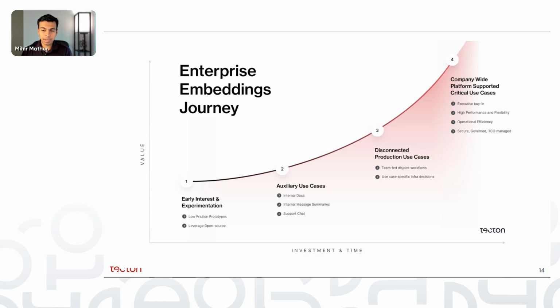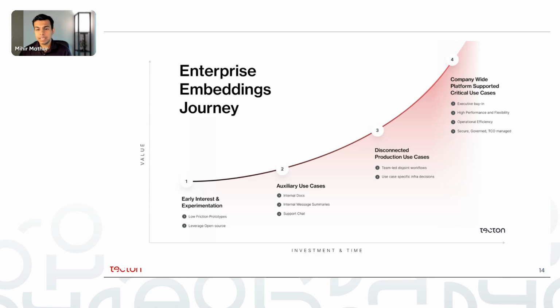So they make infrastructure decisions that are very use case specific, because that makes sense. They want to quickly deliver value, and those decisions might be different from what other use case teams need. This might be the choice of your orchestration system, the choice of where you're storing your embeddings, how you're generating embeddings. All of those things are made independently.